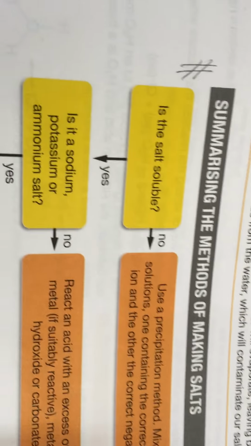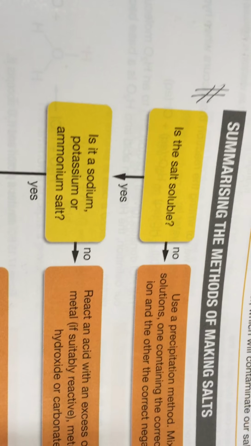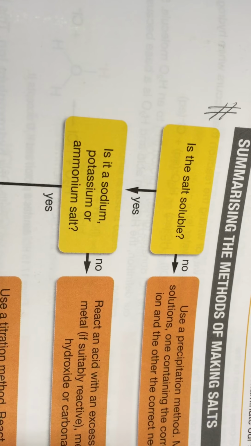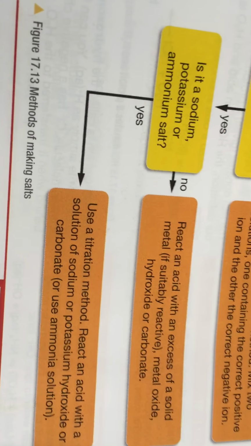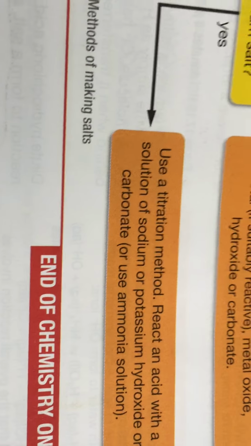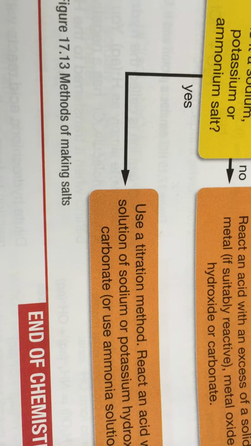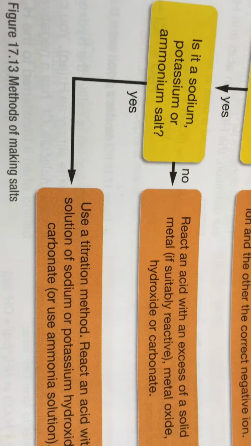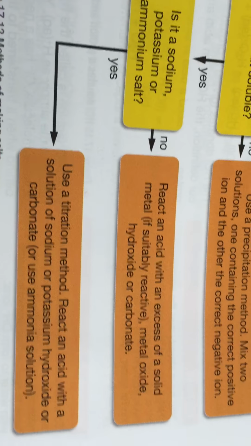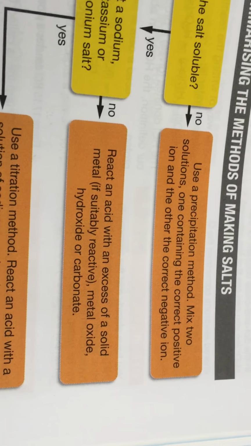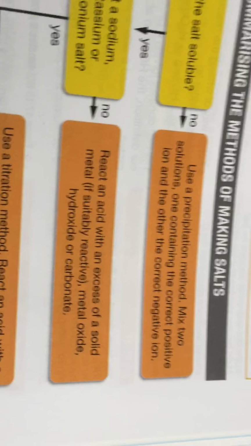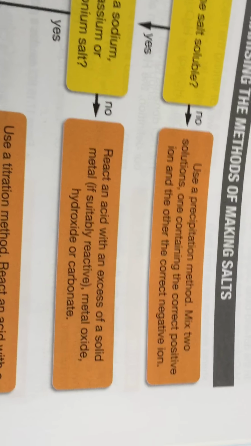What about if the salt is soluble? If the salt is soluble, it may be one of two categories. Maybe a sodium, potassium, or ammonium salt, so I'll use titration, and say titration and stop. But if it is not a sodium, potassium, or ammonium salt, any soluble salt, like copper sulfate, I use copper oxide with sulfuric acid.